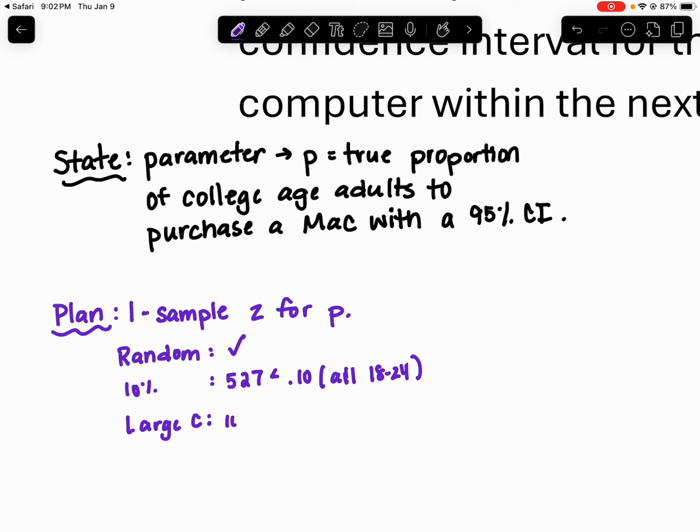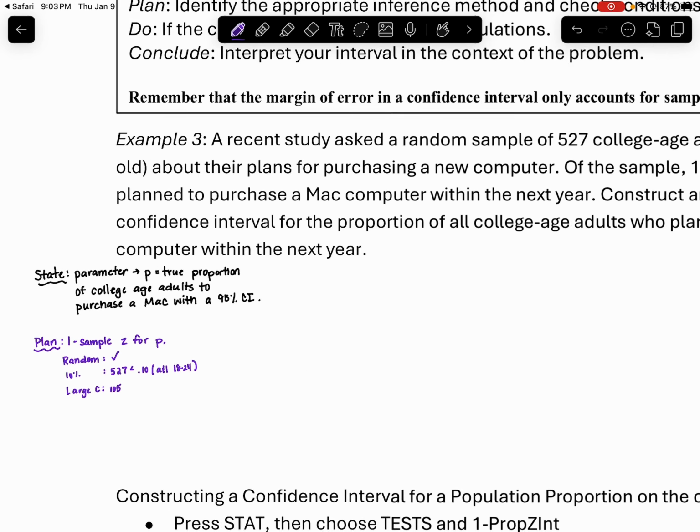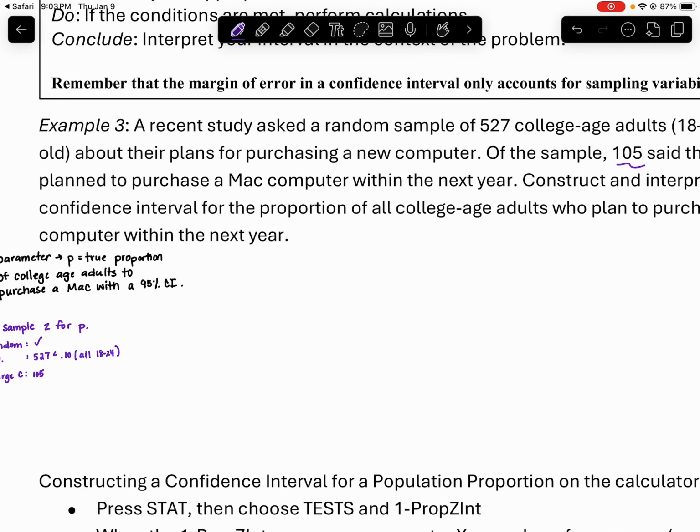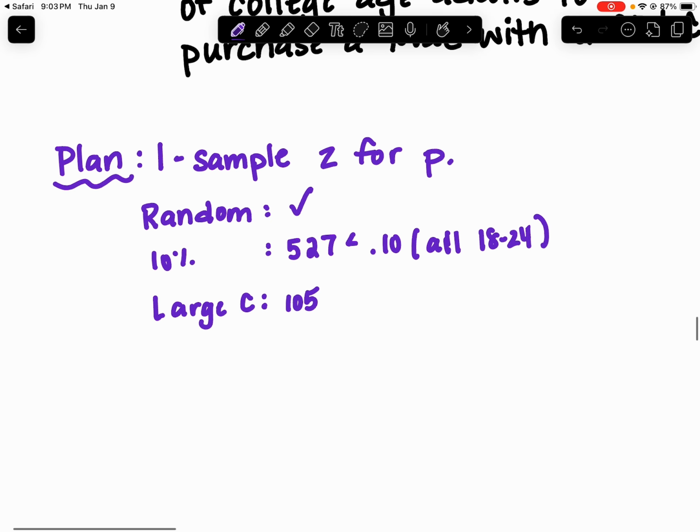They said 105 of them, and I'm just getting this information from here. So 105 said that they would purchase a Mac, which is greater than 10, so that checks out. And the fail is when we take 1 minus our p-hat value, so how many of the 527 would not purchase a Mac. We would take 527 minus our 105, and we would get 422, which is also greater than 10. So our large counts condition is also met.